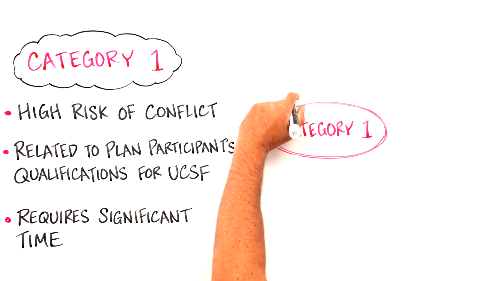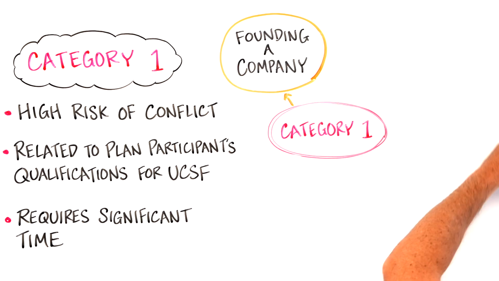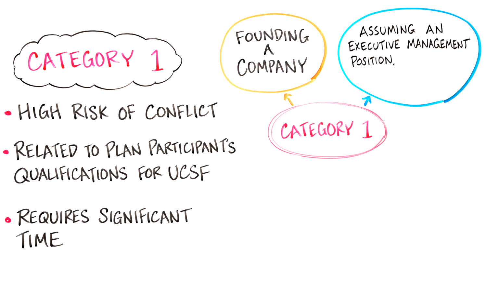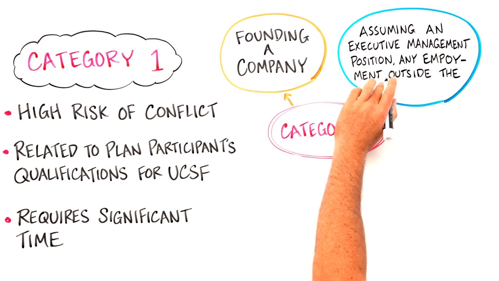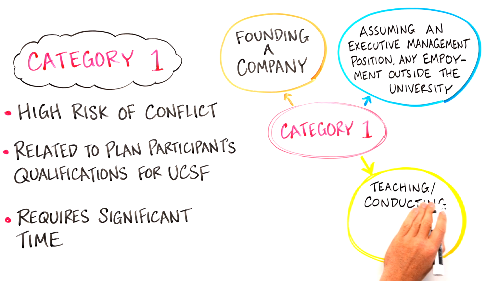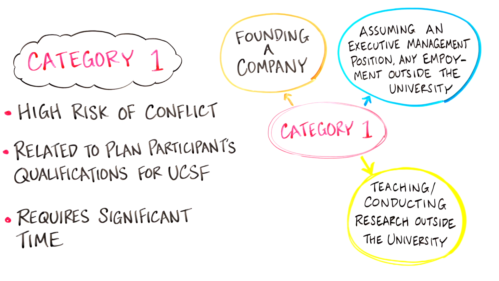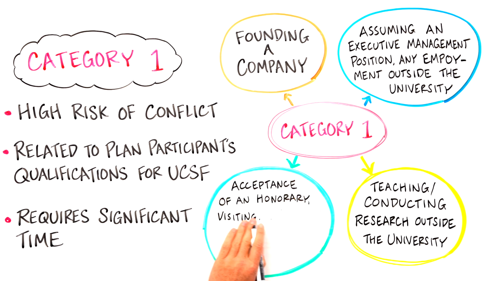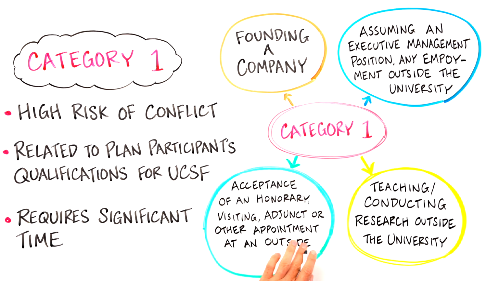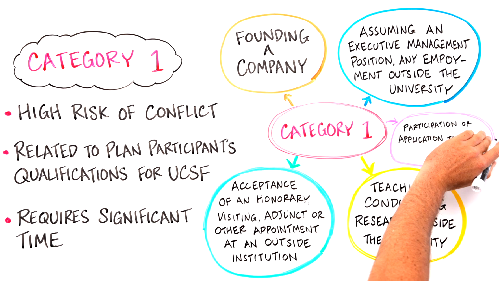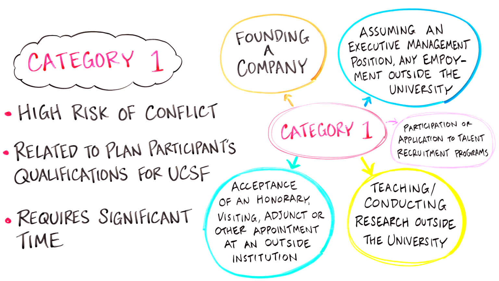Category 1 outside professional activities include founding a company, assuming an executive or management position, any employment outside of the university, teaching or conducting research outside of the university, acceptance of an honorary visiting adjunct or other appointment in an outside institution, whether paid or unpaid, and/or participation in or application to talent recruitment programs. So these are specifically designed to recruit science and technology professionals or students, sponsored by a non-US government agency.